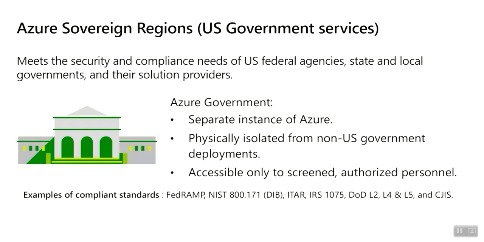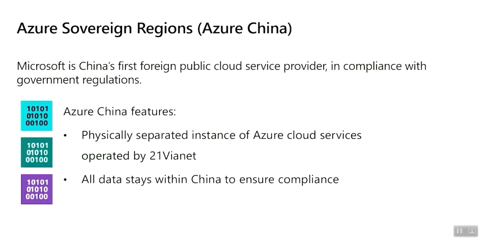And then lastly, we have our China region. Because China has their own data residency requirements, their own compliance requirements, one of which is that in order to have Azure cloud services, it has to be operated through 21Vianet.